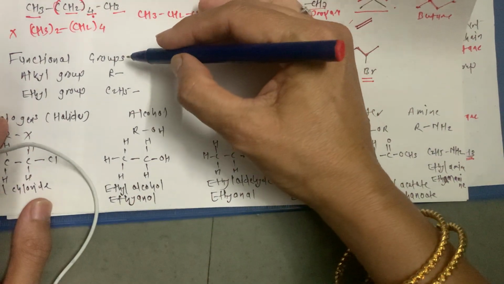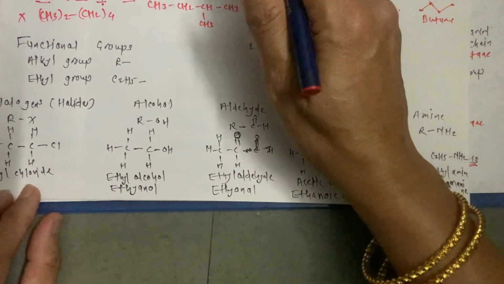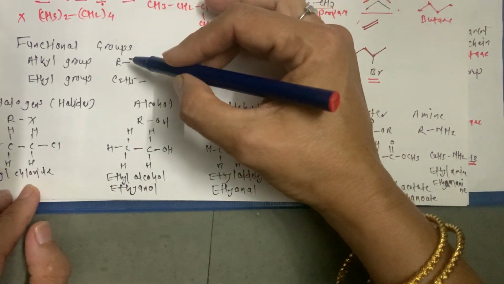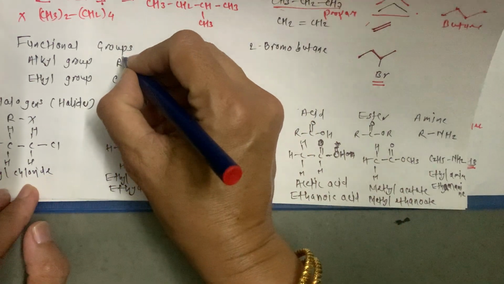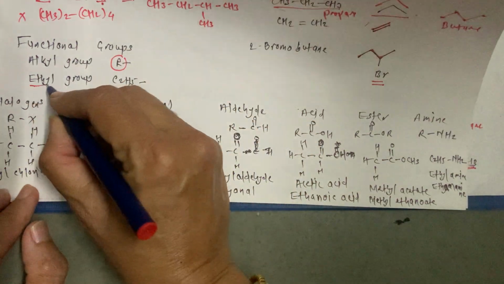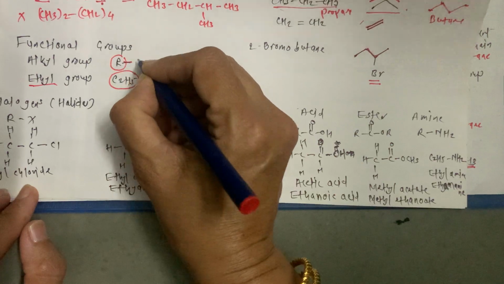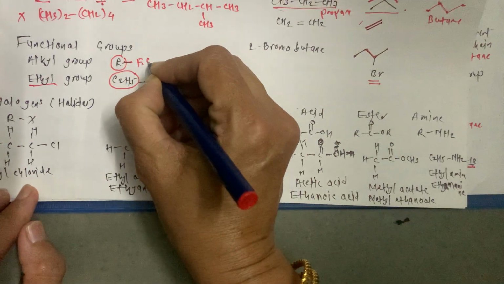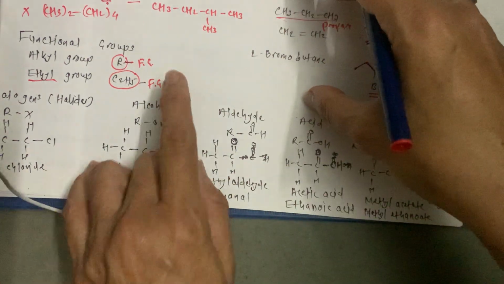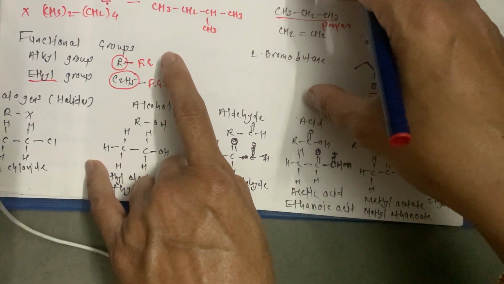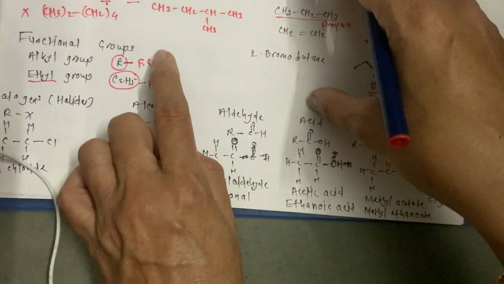Next, if there are functional groups, as I explained before, in functional groups basically there is an alkyl group. Now here it is the ethyl group, C2H5, and to this end there is a functional group. If it is a functional group, we are going to treat it in this form.